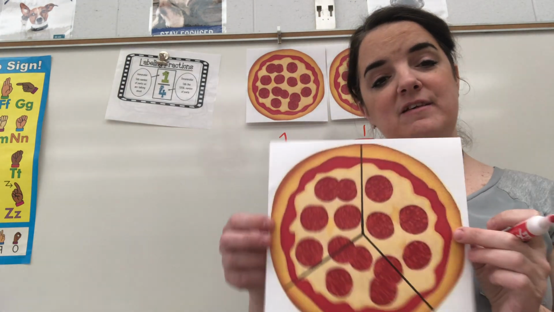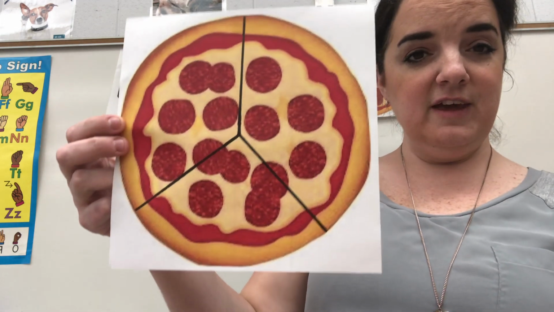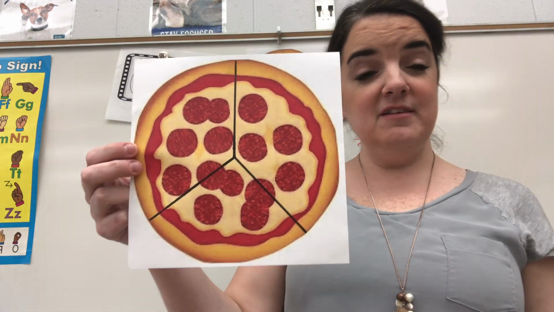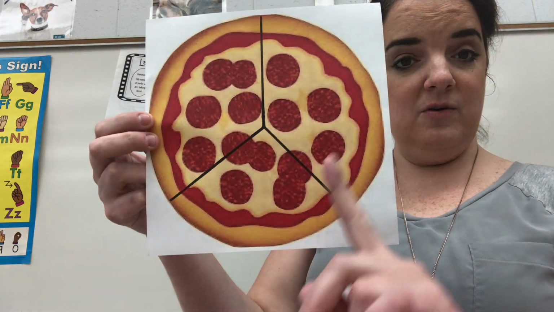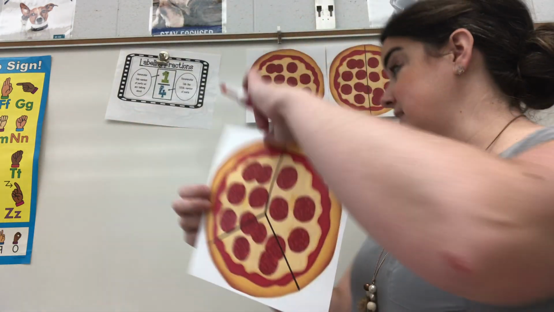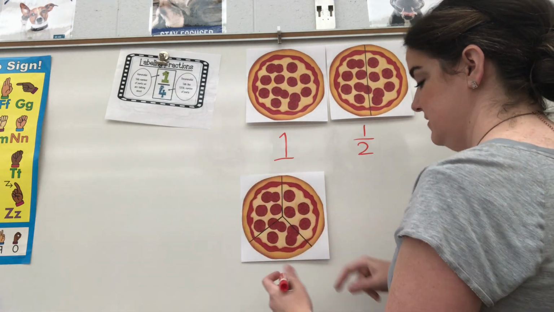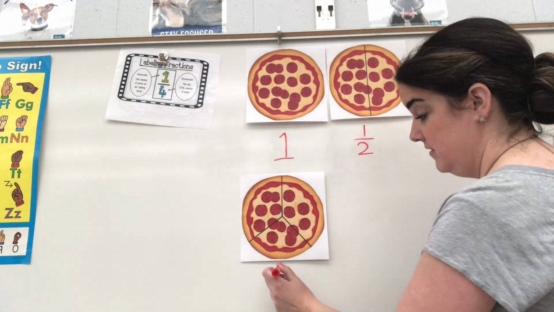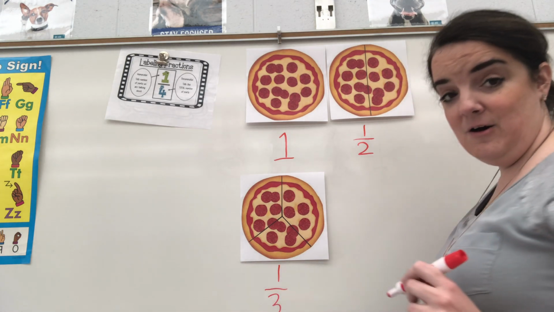Now, here we go. We have this pizza. If I move it closer to the camera, how many pieces is this pizza cut into? Ready? 1, 2, 3. It's cut into 3. So this pizza right here is 1/3. All right.